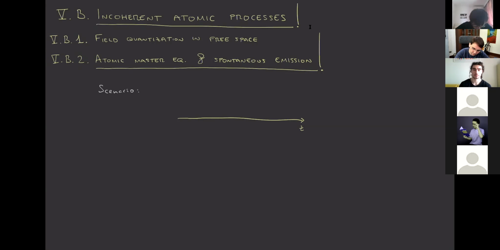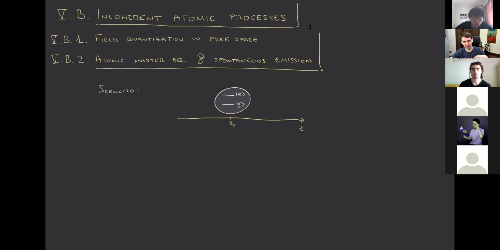And then here, we put a two-level atom that will have an excited state and a ground state. So we have a two-level atom at some location Z0, that we will later take equal to 0, but it's not relevant.